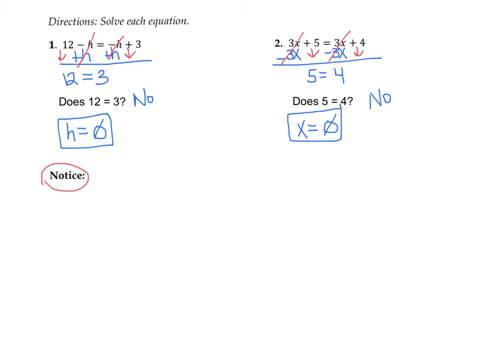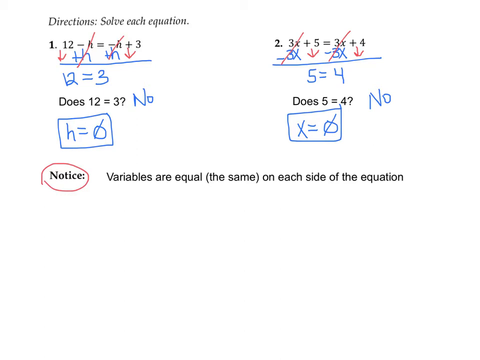Let's look at the problems above. We have a negative h and negative h in the first problem, and then we have 3x and 3x. What do you notice here? I notice the variables are equal, or the same, on each side of the equation.